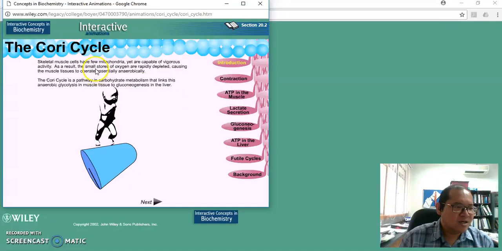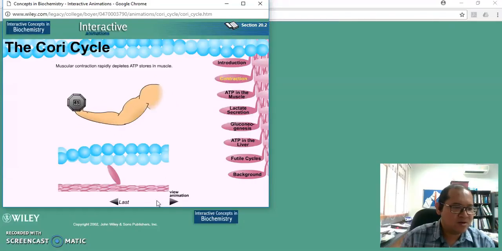As a result, the small stores of oxygen are rapidly depleted, causing the muscle tissues to operate essentially anaerobically. So the Cori cycle is a pathway in carbohydrate metabolism that links this anaerobic glycolysis in muscle tissue to gluconeogenesis in the liver.